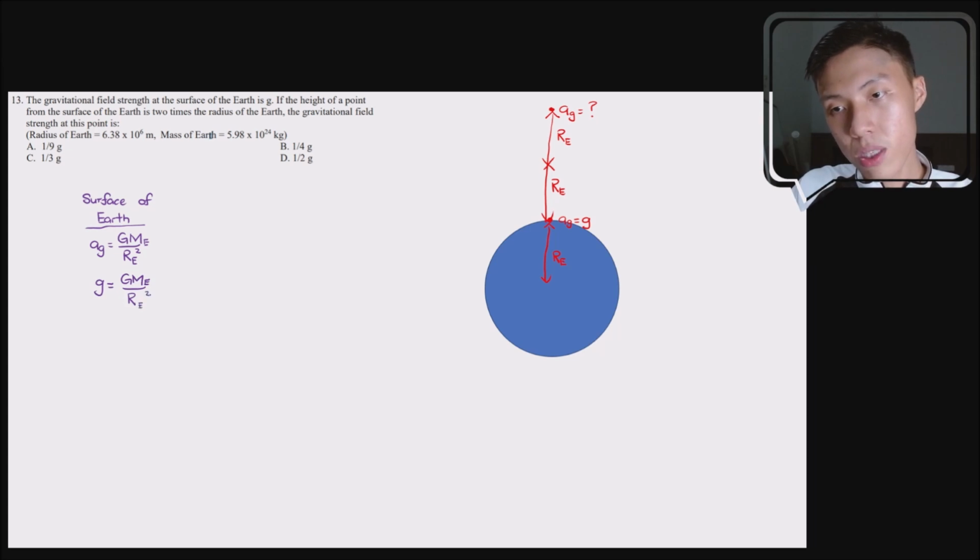Okay, so now we change our focus to look at this point over here. This point has a distance of 3 radius of the Earth from the center of the Earth. It has a distance of 2 radius of Earth from the surface of Earth, but it has a distance of 3 radius of Earth from the center of the Earth. Okay, so let's call it point of interest.